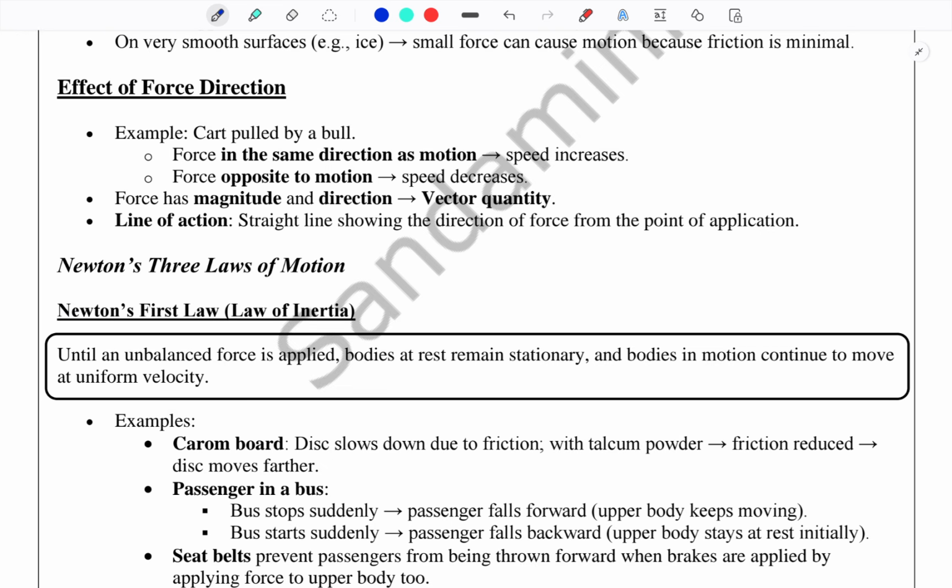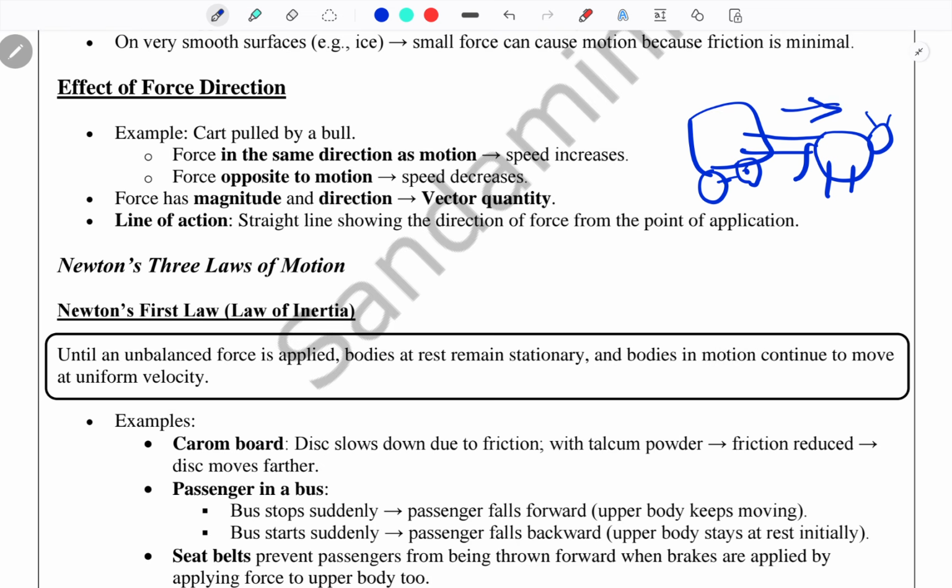For example, think a cart is pulled by a bull. Now there is a bull pulling a cart. I don't know how to draw. Anyway, think this bull is pulling this cart in this direction.